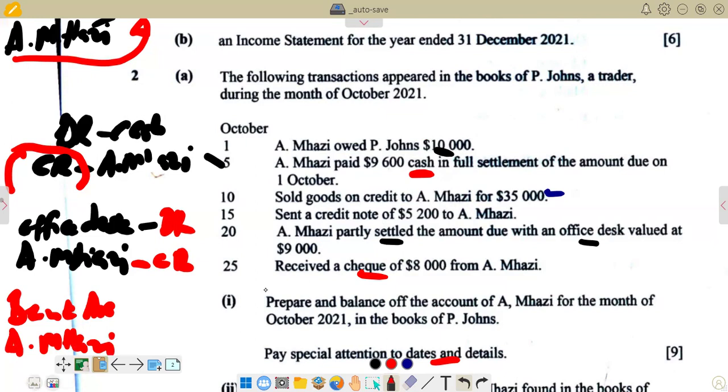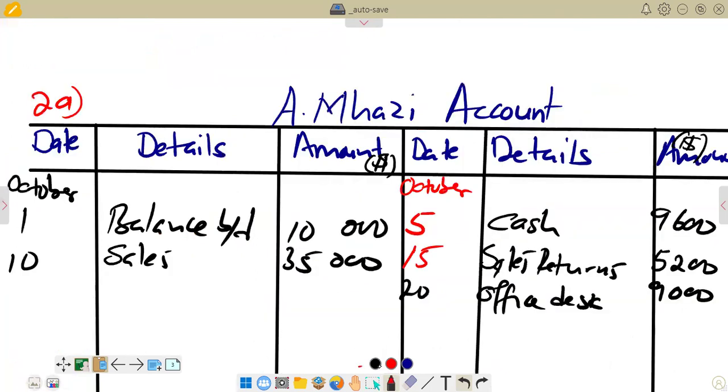So we are receiving a check, which means that the bank is receiving. So we are debiting bank, and then we credit AIMAS, reducing the amount that AIMAS is owing. The amount that we are having is 8,000, the date is 25. Going to enter it as such. We come to the other section, it's coming to the credit side.